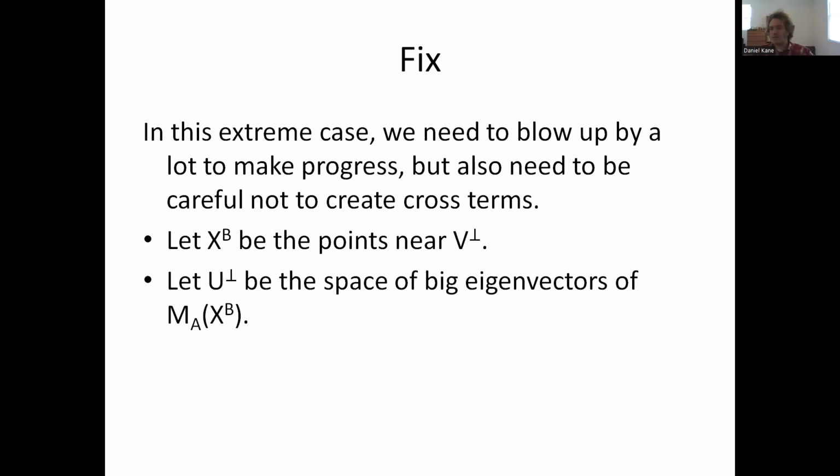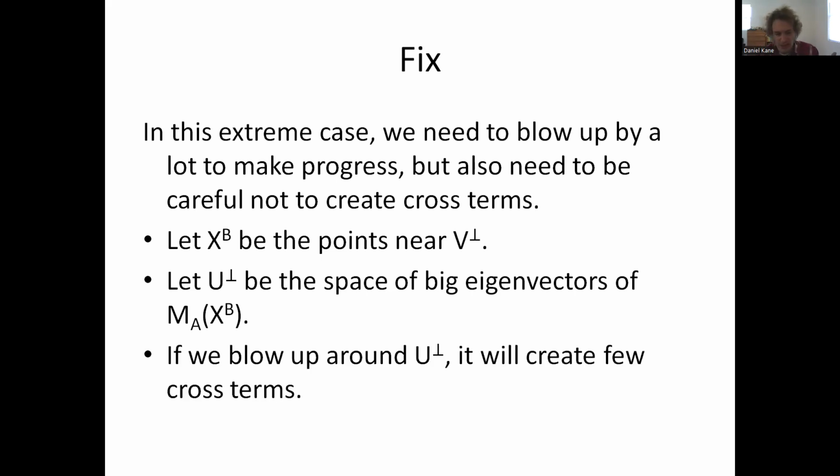We're going to let X_B be the set of points that are close to V perp. All the points are close to V or V perp; these are the ones close to V perp. We're going to let U perp be the space of the largest eigenvalues, not of the full second moment matrix, but just the second moment matrix of these big points. The idea is that these big points will be basically balanced around U perp, and that will prevent the creation of cross terms.